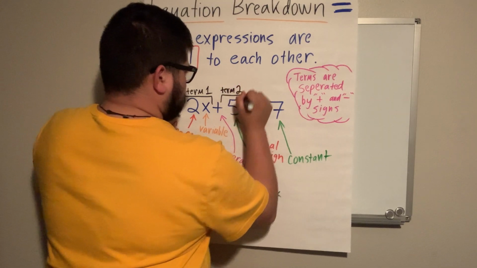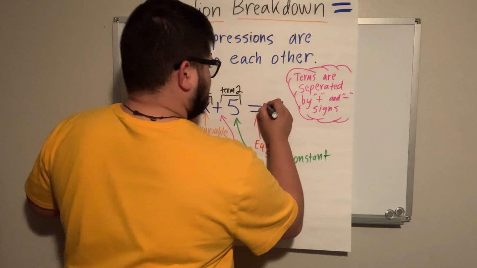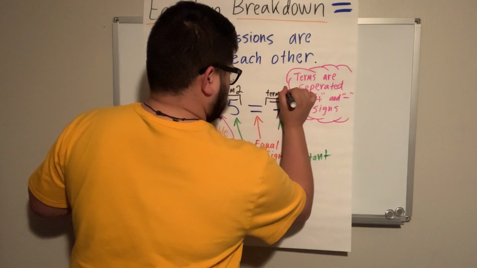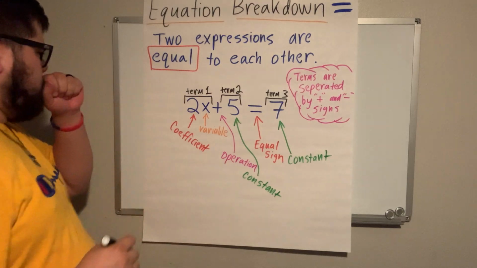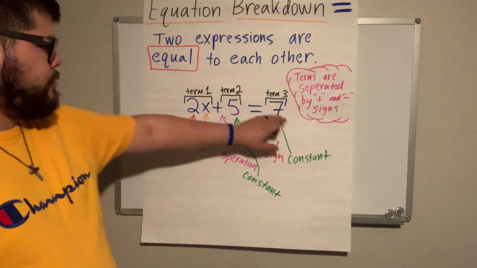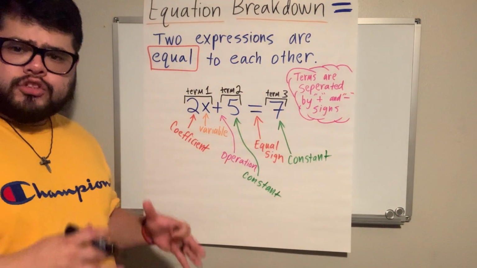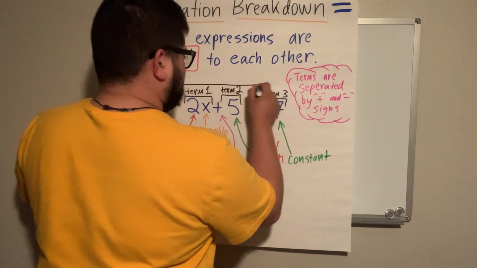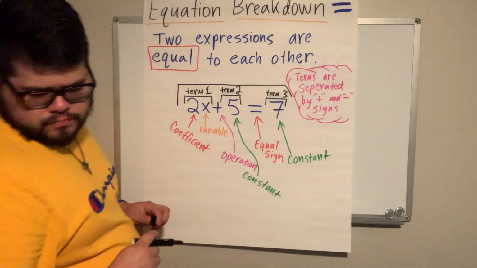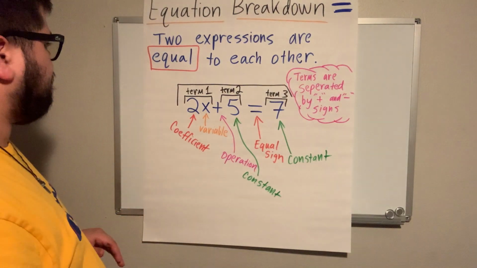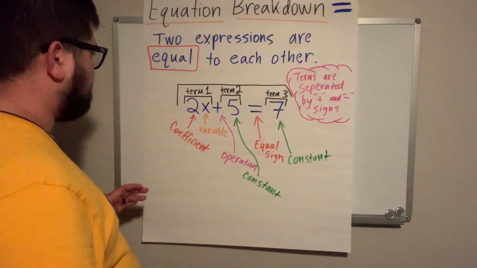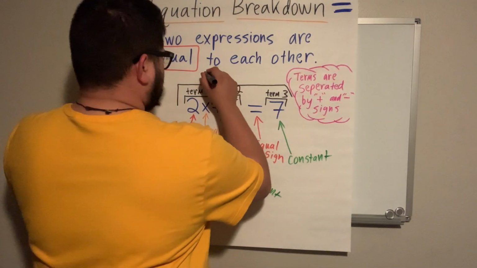Term 2. And term 3. Term 1, term 2, term 3. Equal signs also separate terms. And then this entire thing is called an equation.